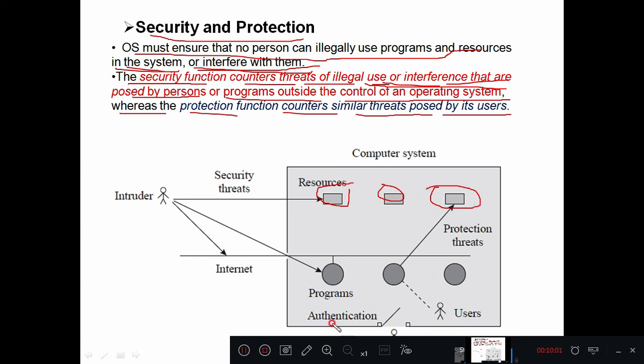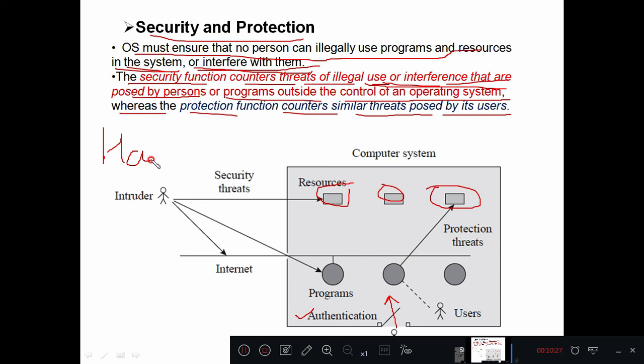One user can give authentication to a different user. Once authentication is given to a second user, only then can the second user enter the other user's computer system and access the data, programs or resources available in it, right?